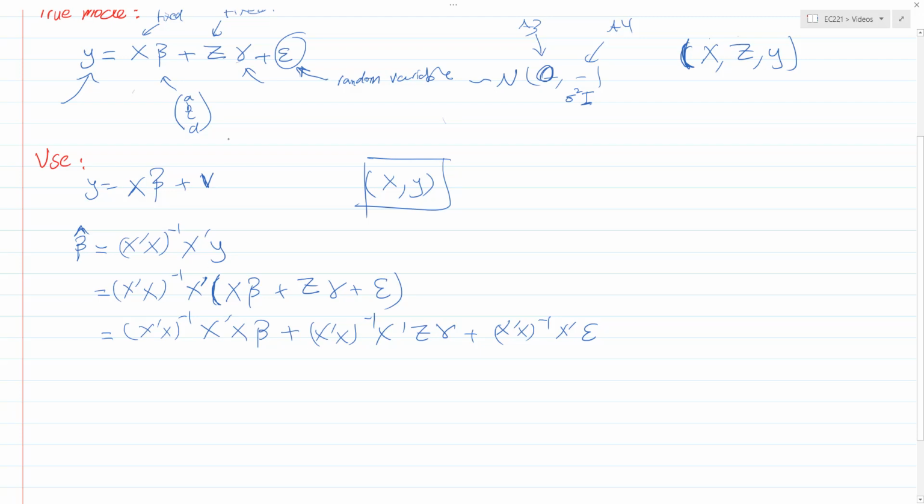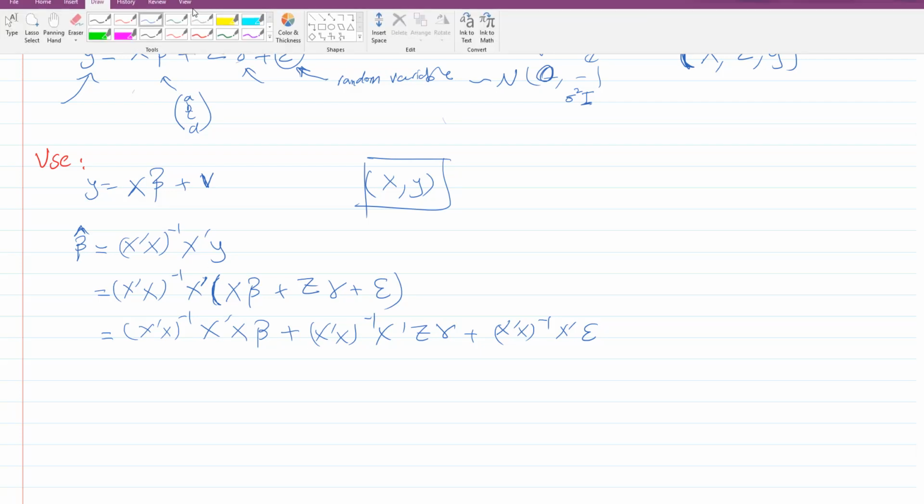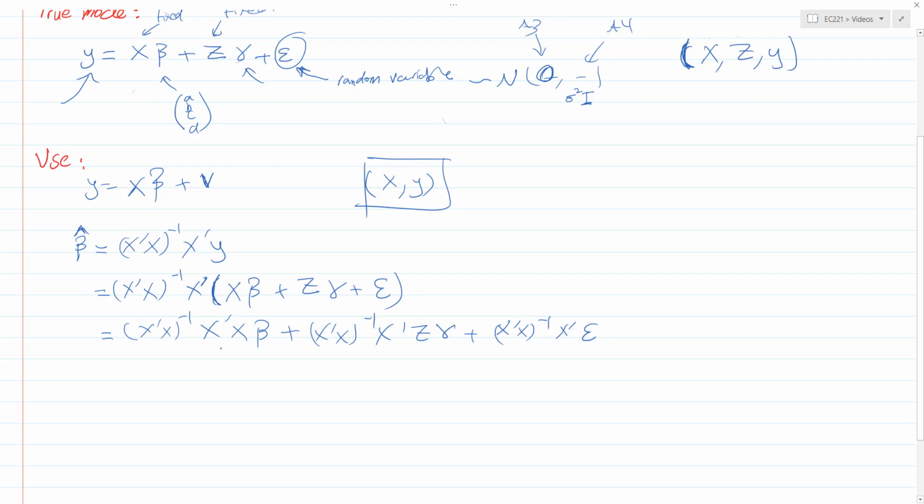Now let's try to simplify that. If we group these together and multiply them together, we get some matrix, and we can see it's the inverse of this matrix, so the result of this multiplication is I, and that's the best we can do to simplify that.